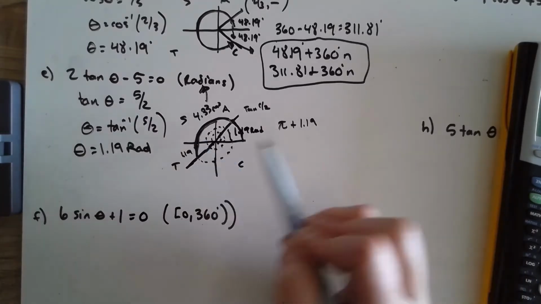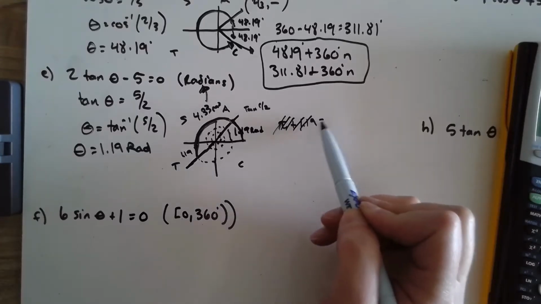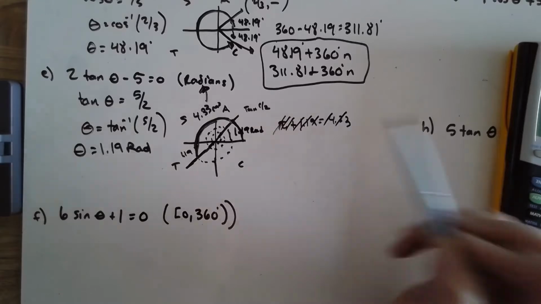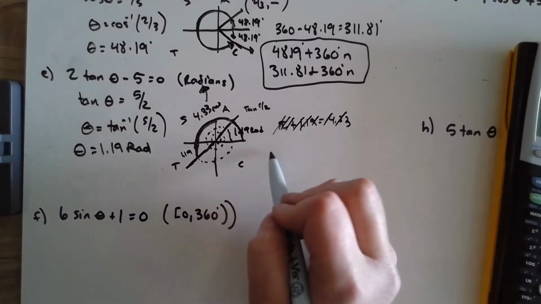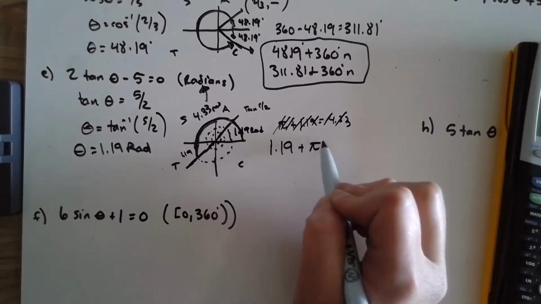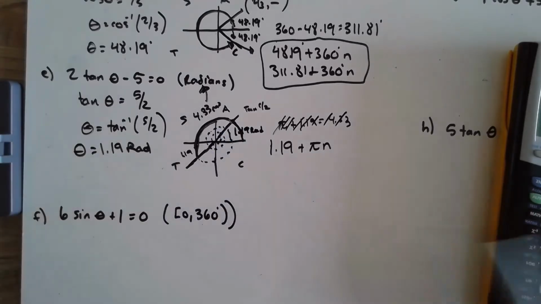So instead of finding both of these for tangent, that was our other one. So instead of doing that, we only actually need to find 1.19 plus pi n every 180 degrees, which makes that really nice. Okay.